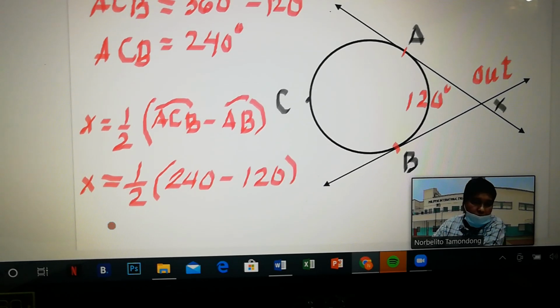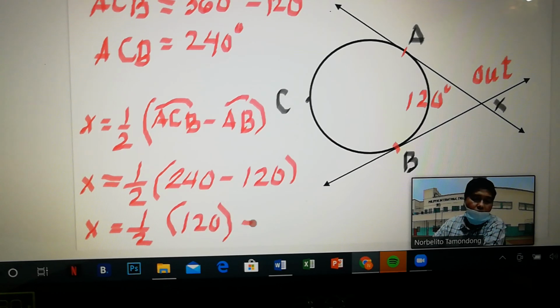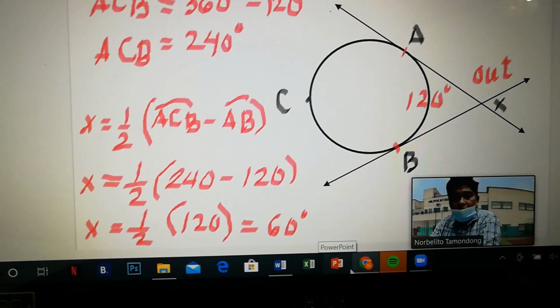So x is 1/2 of 240 minus 120, which is 120. Therefore, the value of x is equal to 60 degrees. So the measure of the angle formed intersecting outside the circle is equal to 60 degrees.